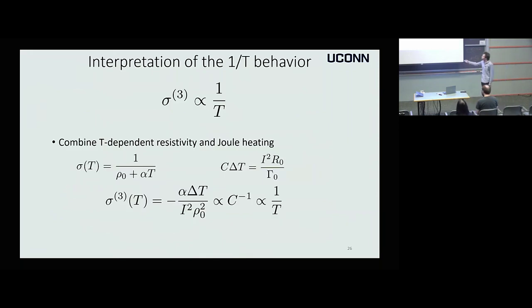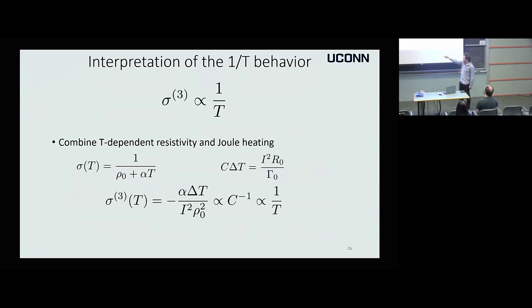So let's try. So here's our conductivity, and we know that in this model, the resistance has a linear in T correction. We know that in second order, we're pumping energy into the system, so there's some kind of heating, and we can estimate the change in temperature just by balancing the Joule heating power, where there is a scattering rate that gives us energy, and we have the energy stored in the system, which is specific heat times the temperature change.